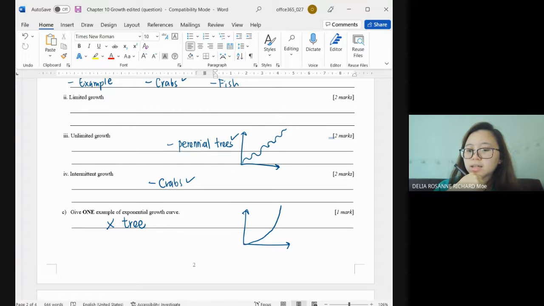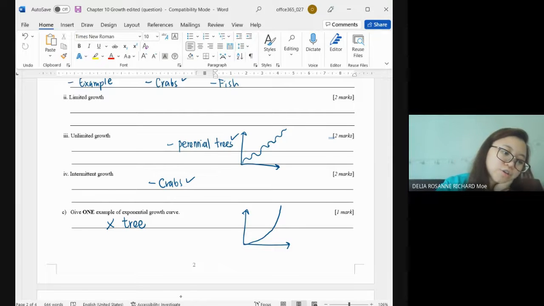Akun kalah. Give up. You want me to give answer? Human population. Okay, very good, Sheila. So the answer for 1C, there is only one option actually, which is the human population.